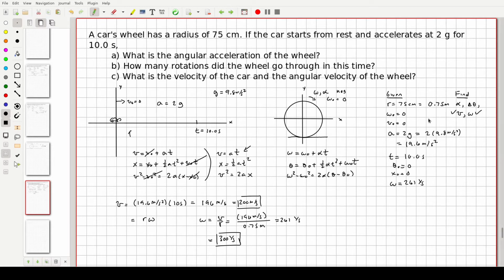All right, plug in our initial conditions. That's 0, that's 0. Our initial velocity is 0. Whole bunch of zeros there.